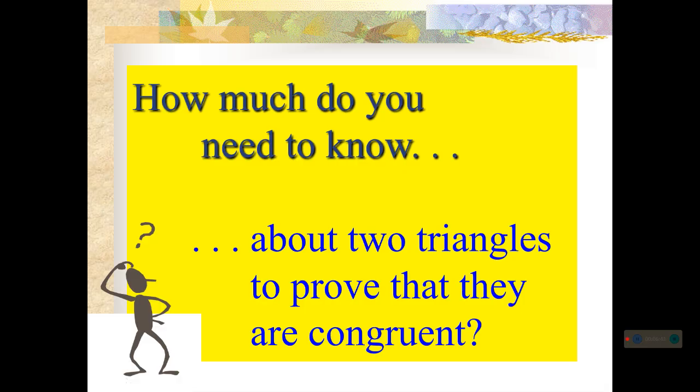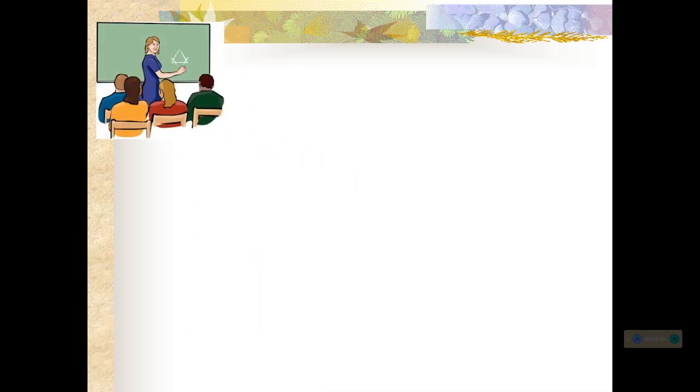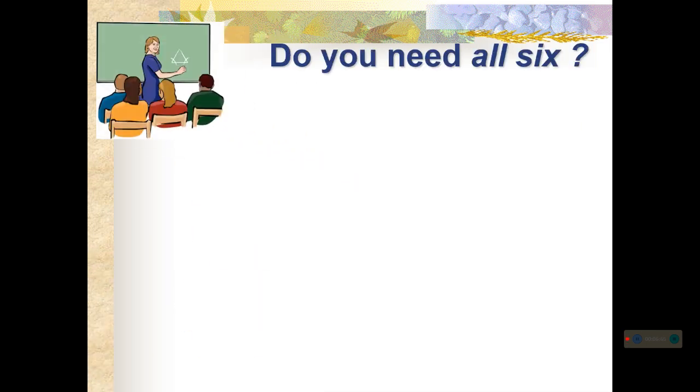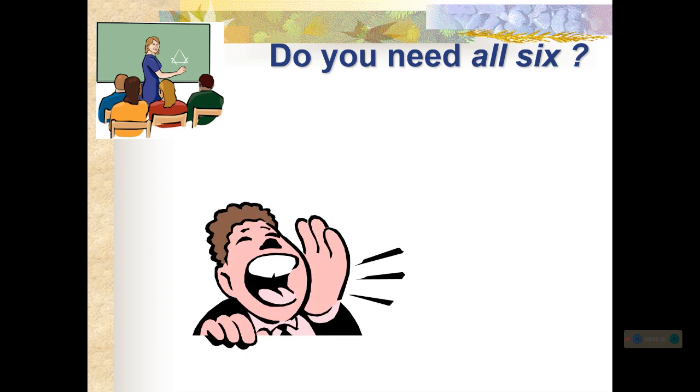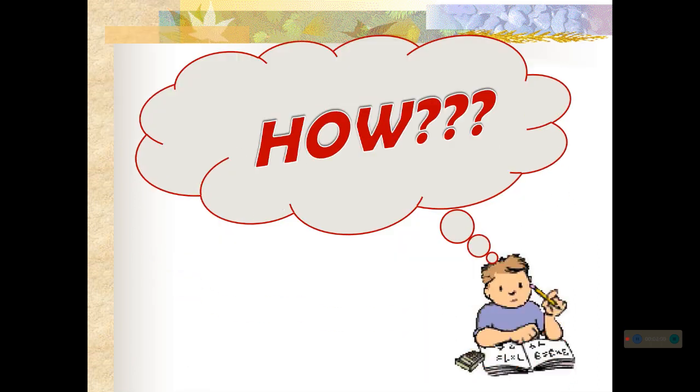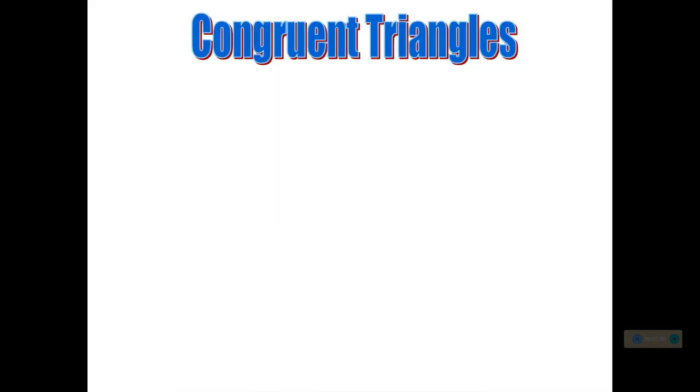Okay? So, how much do you need to know about two triangles to prove that they are congruent? Do you need all 6 parts to be congruent for you to say that the two triangles are congruent? The answer is a big no. So, how are we going to determine if the two triangles are congruent if those 6 corresponding parts are not all congruent?